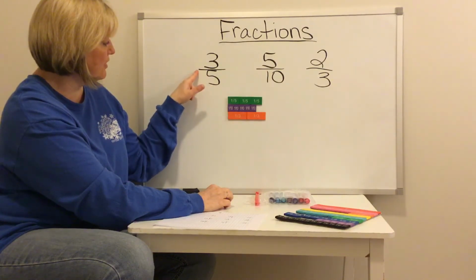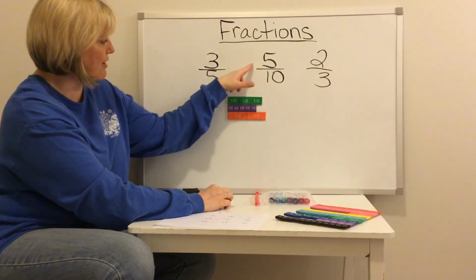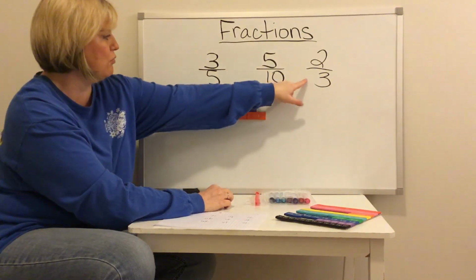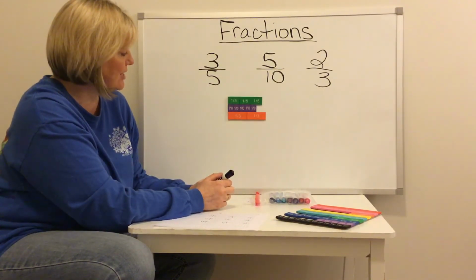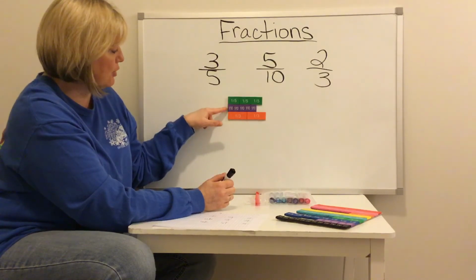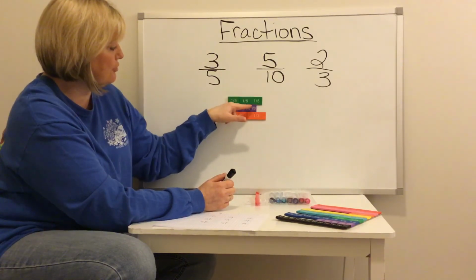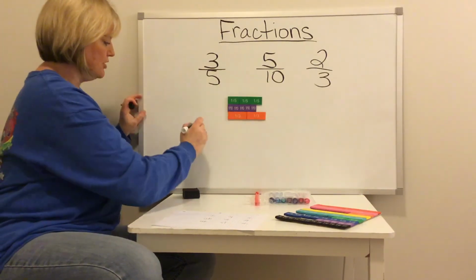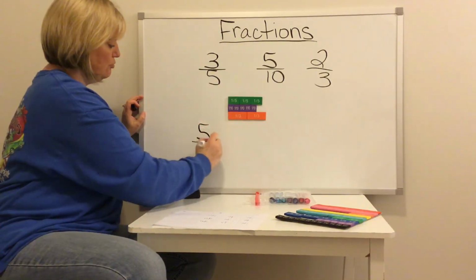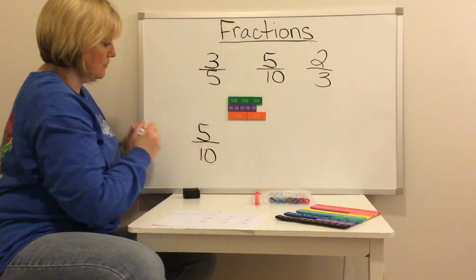So if I'm looking at these, the green go with my 3/5, the purple go with my 5/10, and the orange go with my 2/3. So ordering those from least to greatest, my purple, my 5 1/10 pieces, my 5/10 is the least amount, or the smallest. So that one's going to come first.